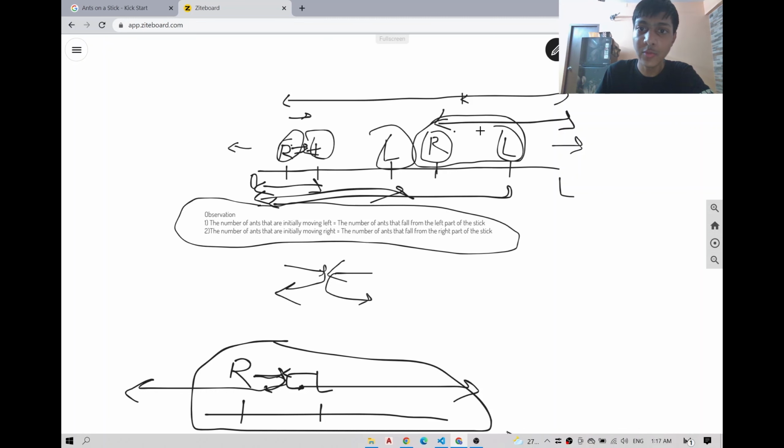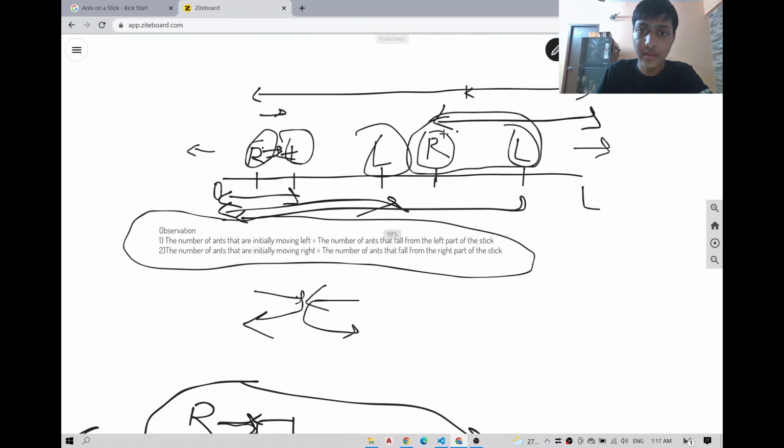And as for the sequence in which they fall, the initially rightmost ant would be the first ant to fall from the right end, obviously.